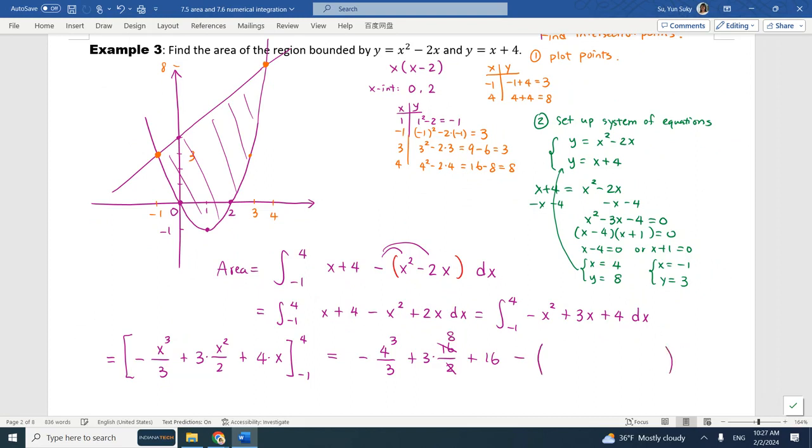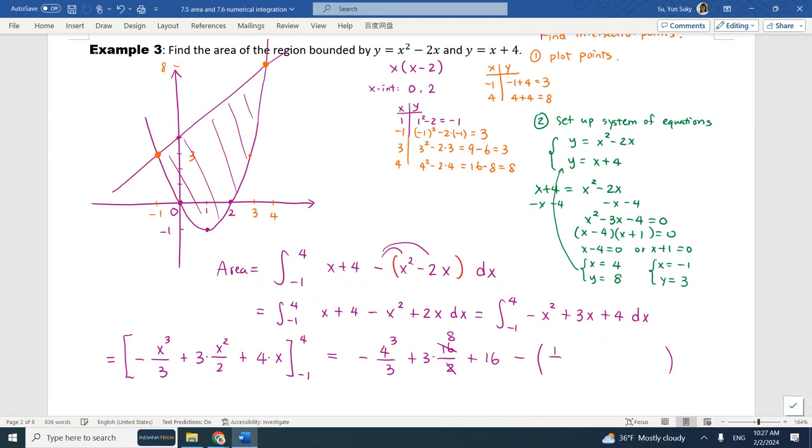Minus, we plug in -1. And make sure you put the parentheses first. Okay? When you subtract, make sure you put the parentheses. We plug in -1. What's -1 cubed? -1. Oh, but there's a -1 in front of that. Plus 1.